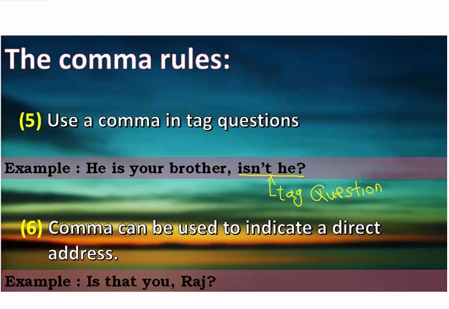A small question. In this case, we can use the comma in front of the tag question. You can see here: He is your brother, isn't he? "Isn't he" is the tag question. So in front of the tag question, we are using the comma here.